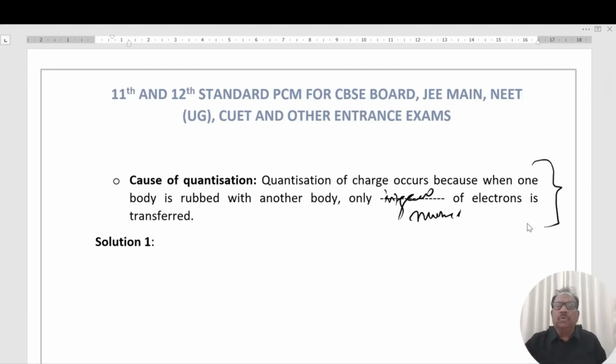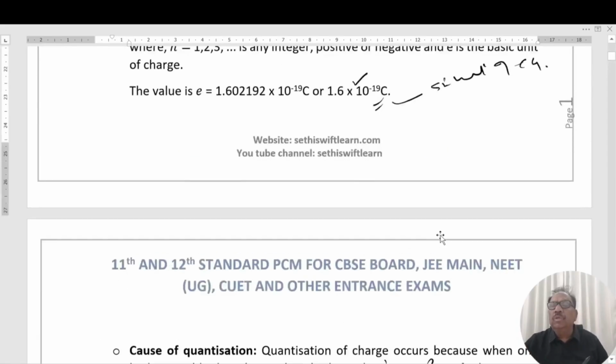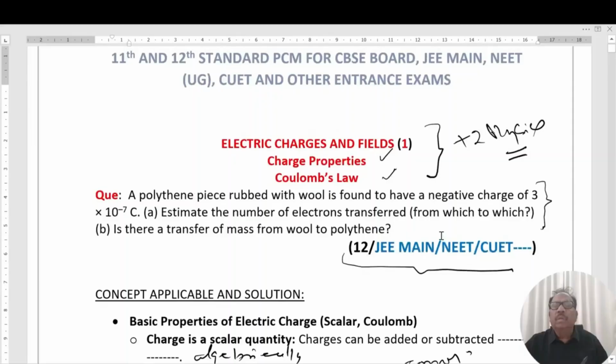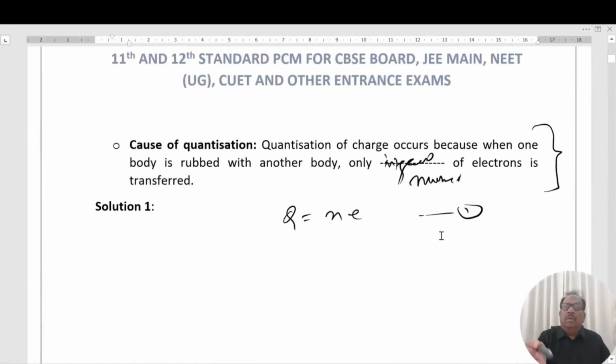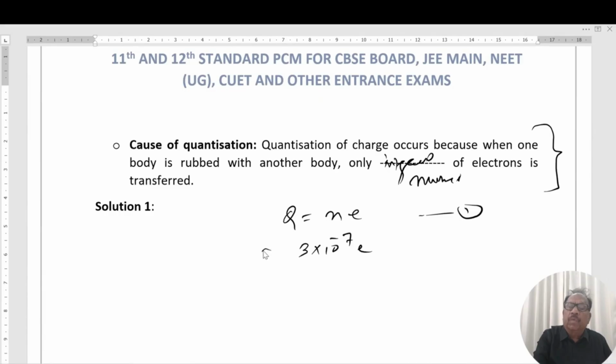Now let's start the question. Q equals N E. According to the question, the charge given is Q equals 3 × 10⁻⁷ Coulomb, and E we know is 1.6 × 10⁻¹⁹ Coulomb.